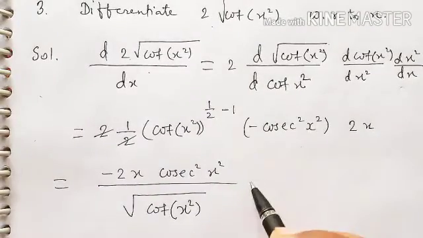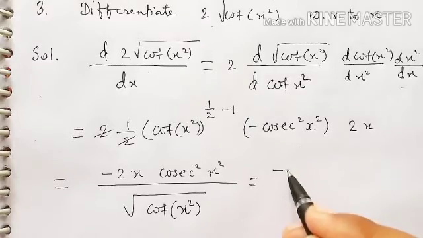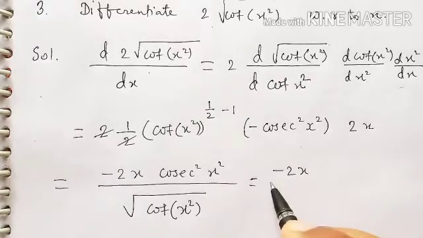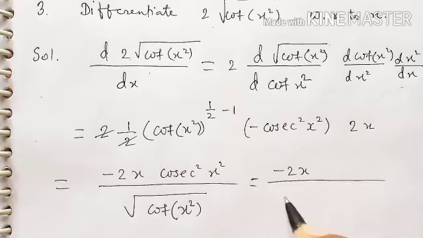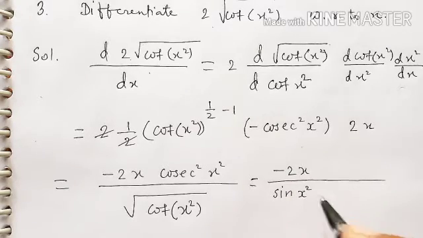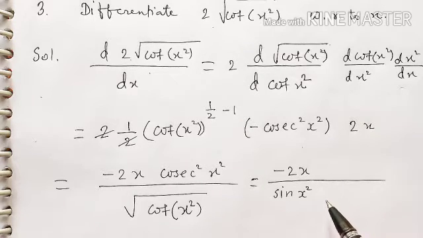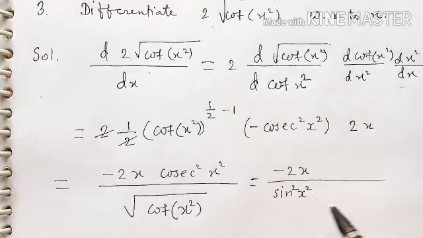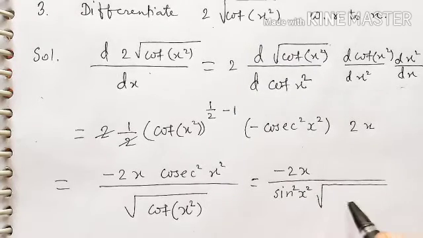Now it can be further simplified. It can be written as minus 2x times 1/sin² x², and here cot x² is cos x² by sin x².